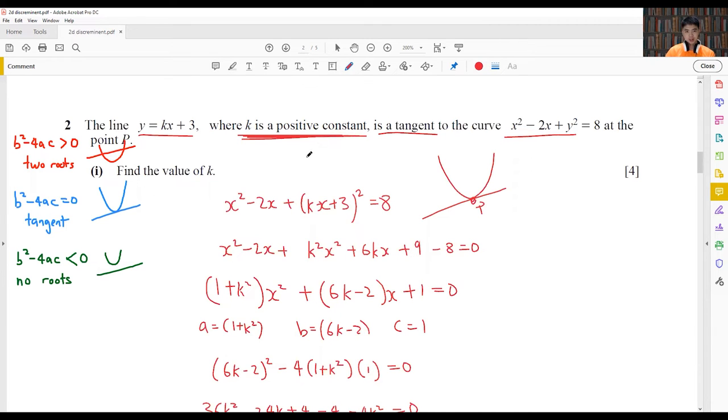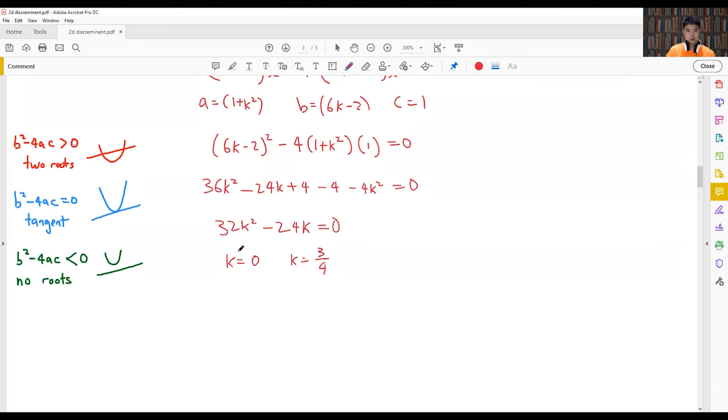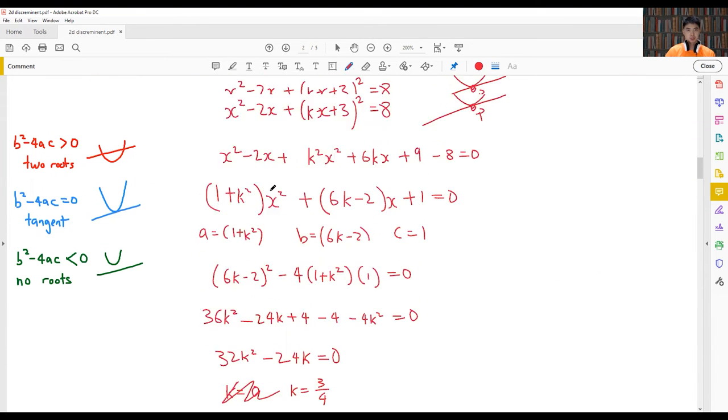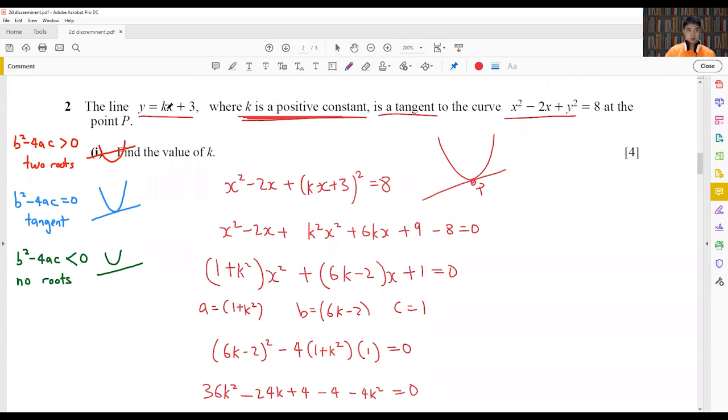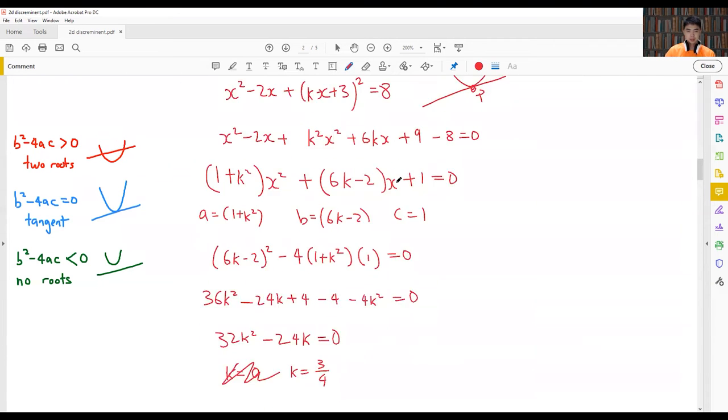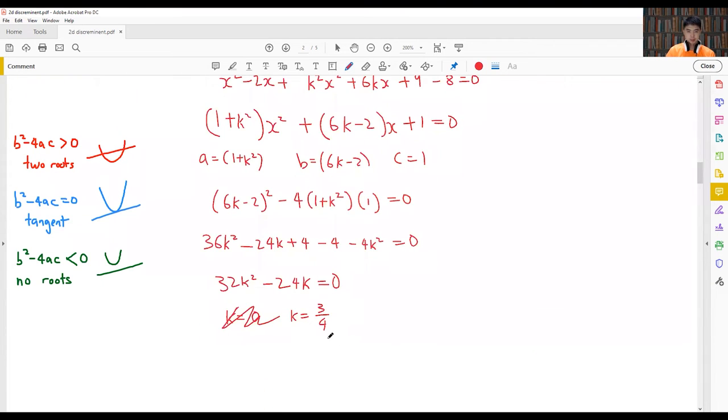So we cannot accept the value k equals 0 because this is not a positive constant. In fact, if k was equal to 0, 0x plus 3, you're going to just have a straight line of y equals 3. We do not accept that, okay? So k can only be equal to 3 over 4 in this case.